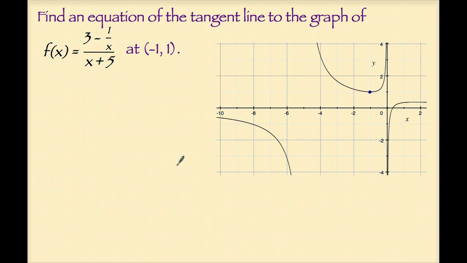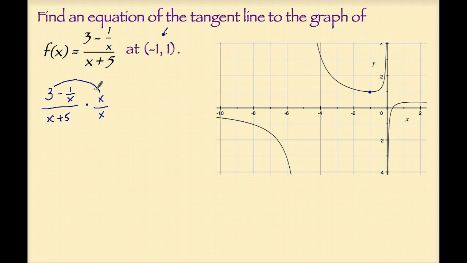Anytime you're writing an equation of a line, you'll need two things, a point, which we have, and a slope, which we're going to get from taking the derivative of this function. It's definitely a quotient, but since it's a complex fraction, we'll need to simplify it before we can use the quotient rule and get the derivative. So let's rewrite this function, 3 minus 1 over x plus 5. Multiplying it by x over x will deal with the fact that we have a denominator and a fraction in the numerator of our fraction.